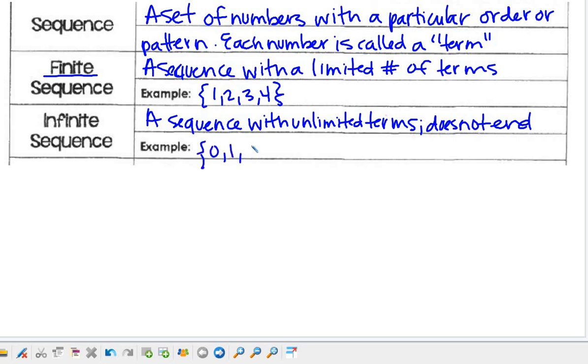So we do 0, 1, 2, 3, and dot, dot, dot. It is 3 dots specifically. It's actually a math notation, 3 dots. And this is the set of whole numbers. So as you know, the set of whole numbers does not stop. It continues on forever. So it is definitely an infinite sequence.